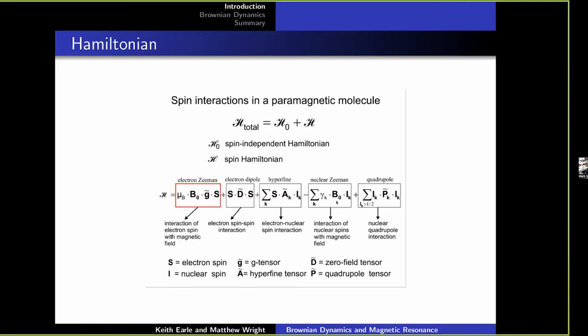These others have effects, but they are typically much smaller, although in many cases it's important to evaluate whether further contributions to the spectrum from this additional term, electron dipole or nuclear quadrupole, are significant.